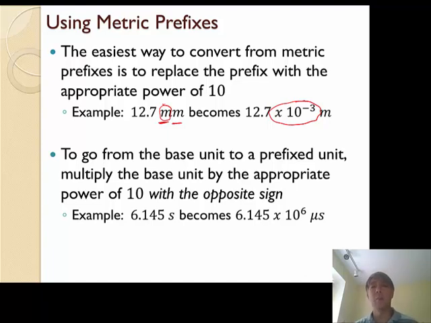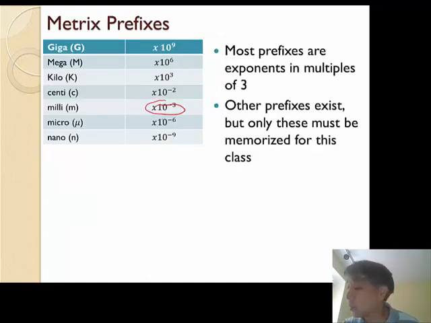To go from the base unit to a prefix unit, I have to multiply the base unit by the appropriate power of 10, but change the sign. So for example, if I have 6.145 seconds and I need to convert it for some reason into microseconds, remember micro is times 10 to the minus 6.